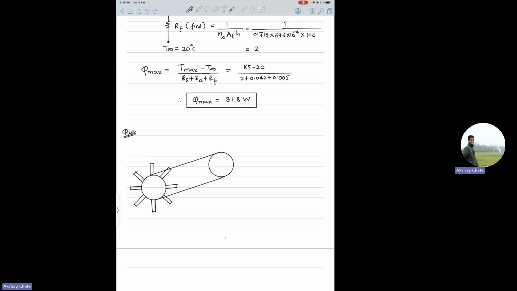The length of each fin is 30 mm. Thickness of the fin is around 1.5 mm each, for a single fin. K for the fin material is given as 45 watt per meter Kelvin.